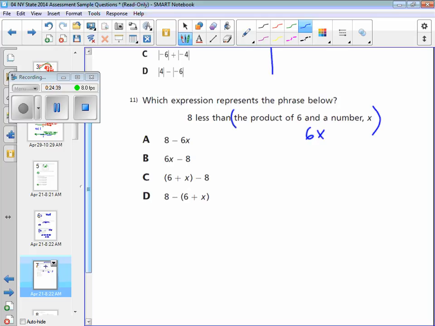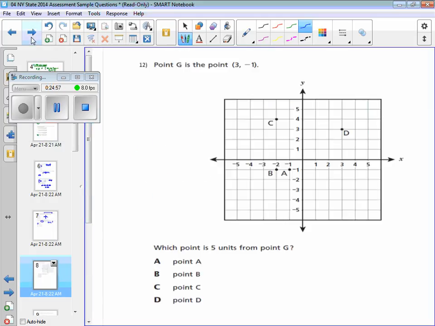And then it's 8 less than that. Just remember, less than, more than, greater than, that's going to appear at the end of the mathematical sentence. B. Here we go. B.